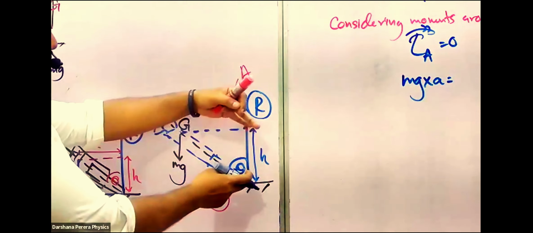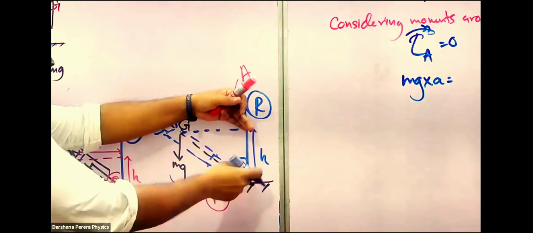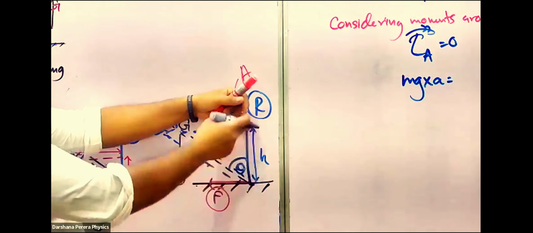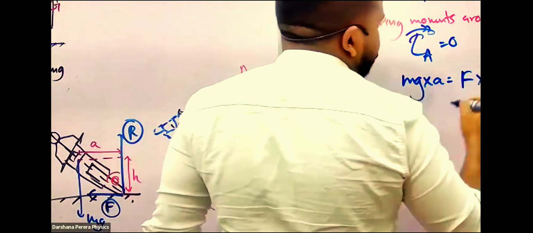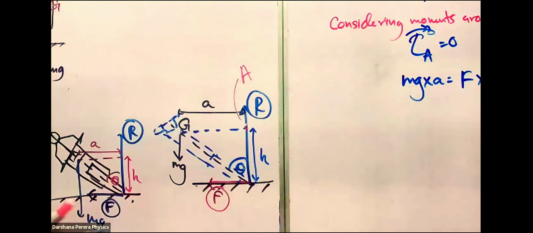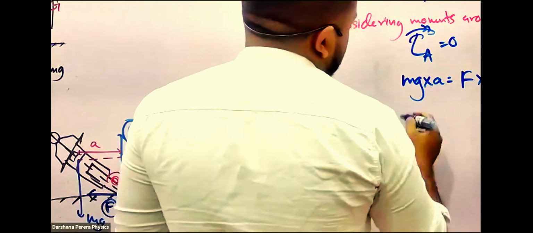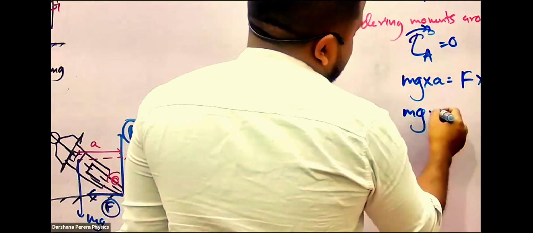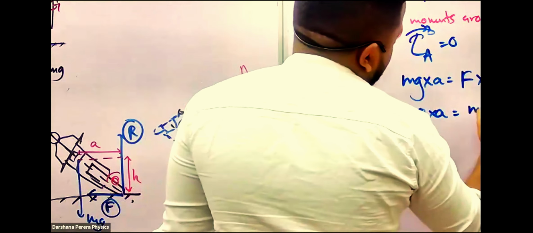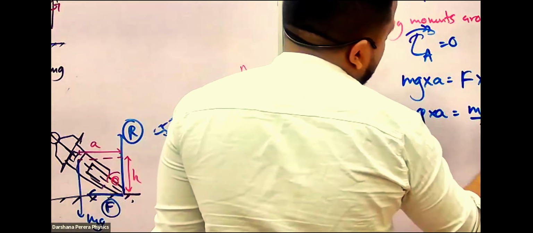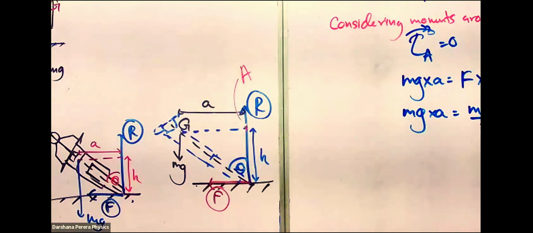When we take the moment about this point, f into h. Then we can apply mg into a equals f into h, where f is mv squared over r, into h.